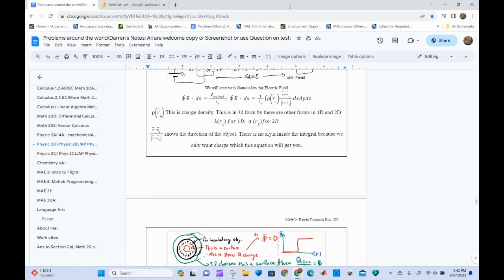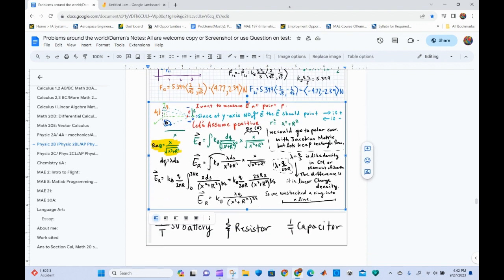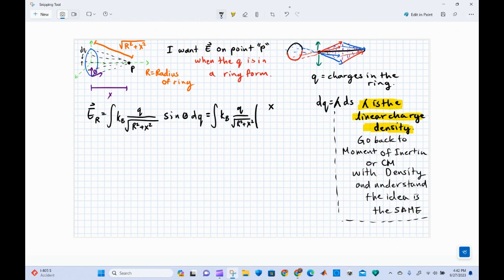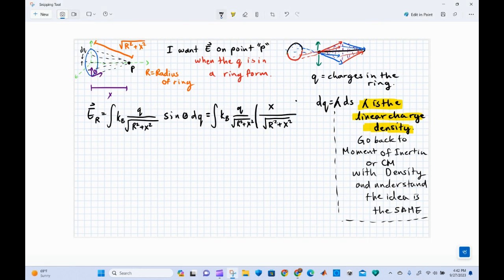That shouldn't be true. Did I mess up? No, I'm right. So it's x divided by square root of r squared plus x squared. Surely I'm not tripping. No, I'm not. That's right.